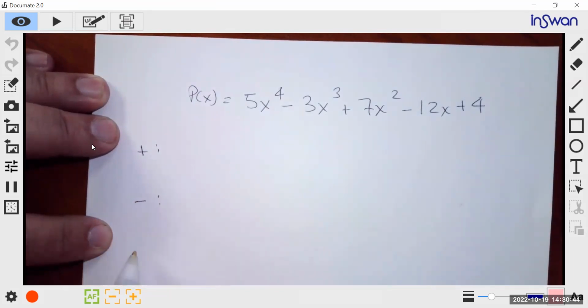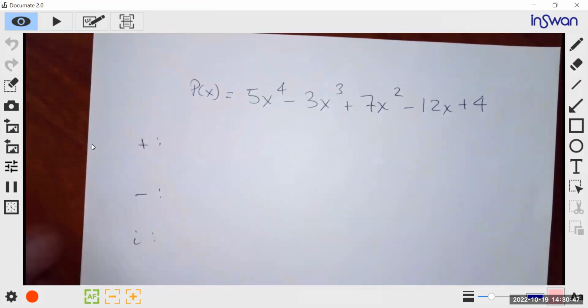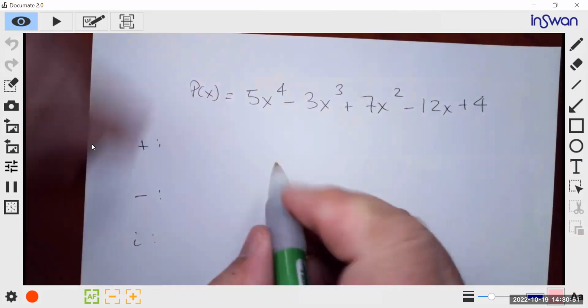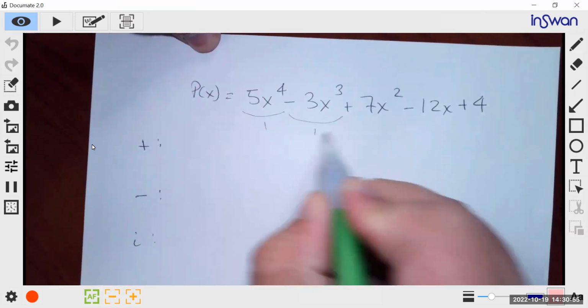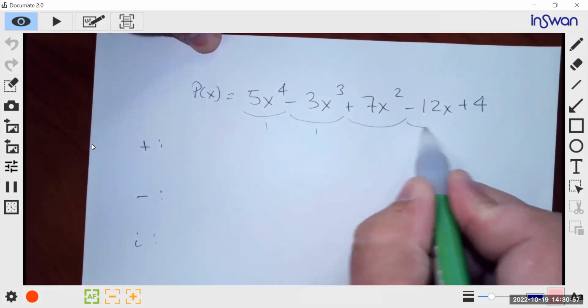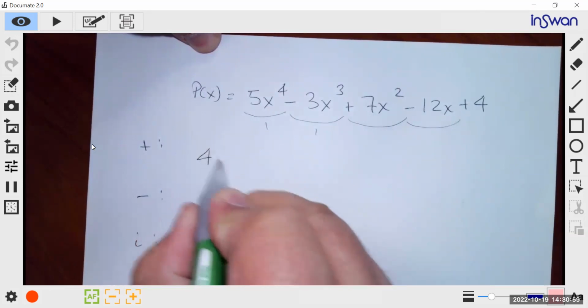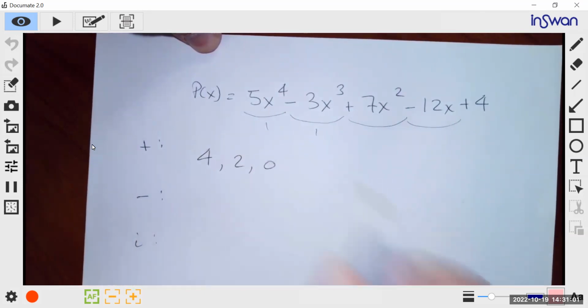Positives, negatives, and imaginaries. So there's 1 change, 2 changes, 3 changes, 4 changes. So it's either 4, 2, or 0.